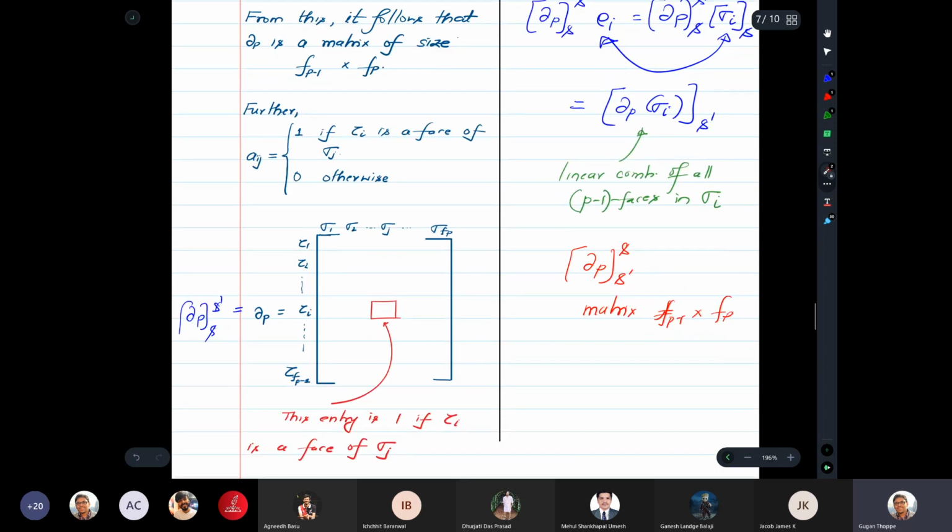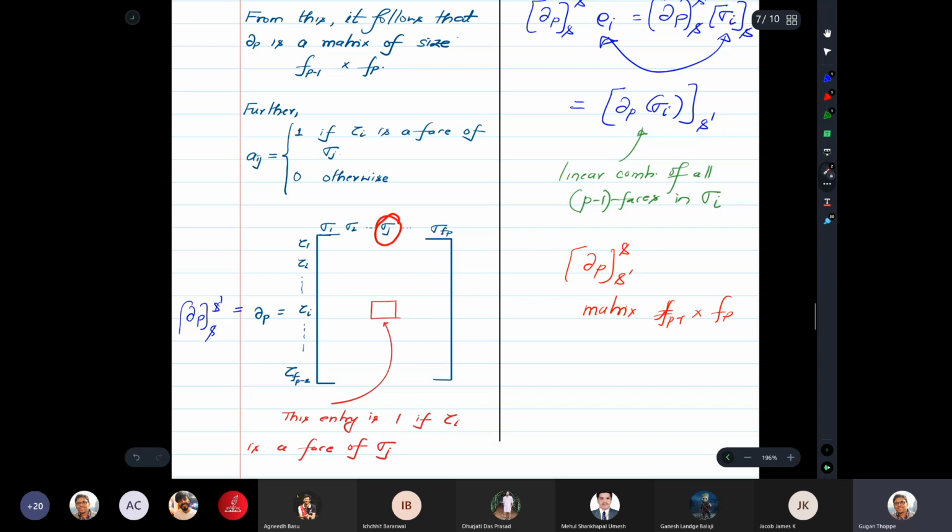Then the next thing we observed was that if you give any of these sigma I as input, what will be the output? The output will be the coordinate representation in the standard basis of this. Now, what would this vector be?